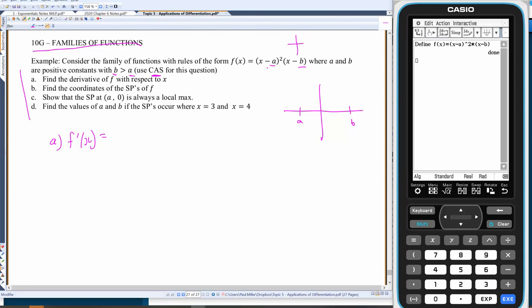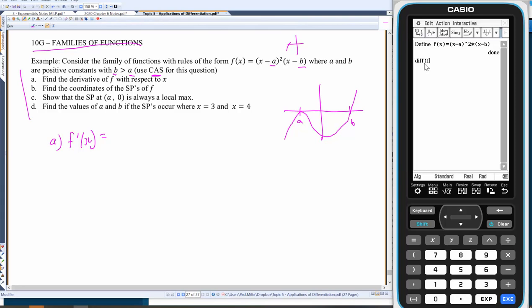And note that the cubic is positive, so it's going to start with a positive gradient. So here's what's basically going to happen with this function. It's going to go up to a, turn on it, turn somewhere else, I don't know where, and come back up again. So that's what my function actually looks like. Right, so it's a good idea just to sketch it to know what you're dealing with.